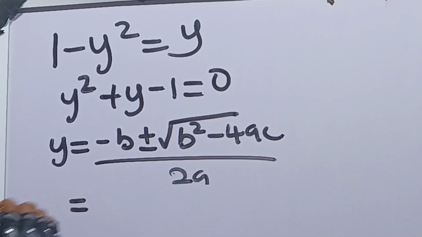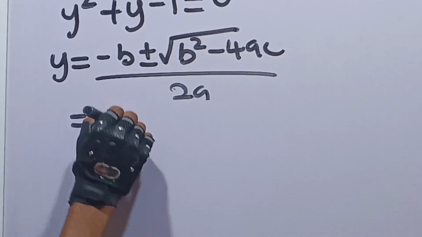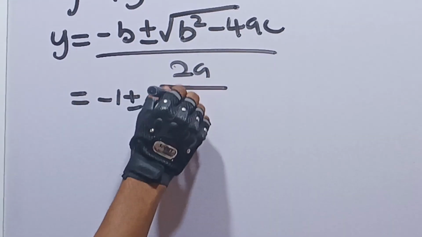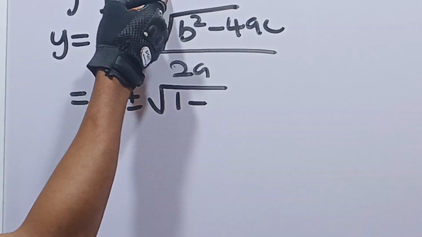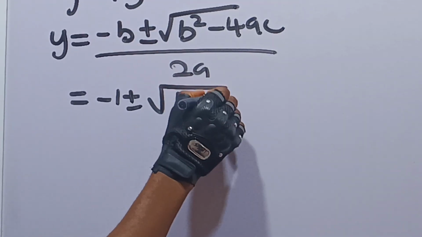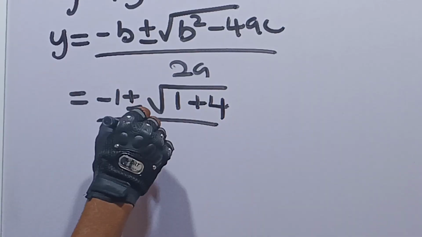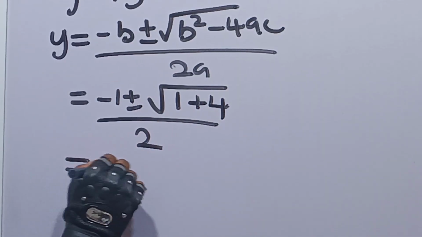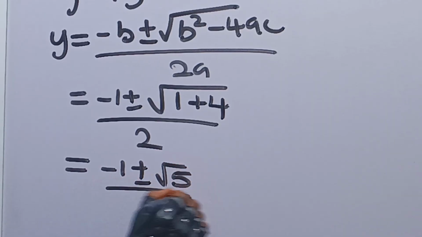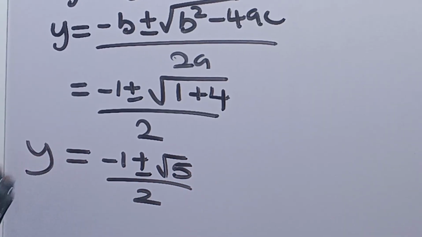Now this is equal to minus 1 plus or minus square root of 1 squared, which is 1, minus 4 times 1 times minus 1, which is plus 4, all over 2 times 1, which is 2. And this is equal to minus 1 plus or minus root 5 all over 2. And this is what our y is equal to.